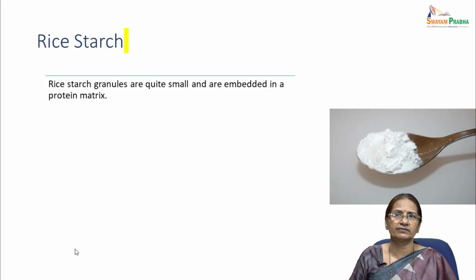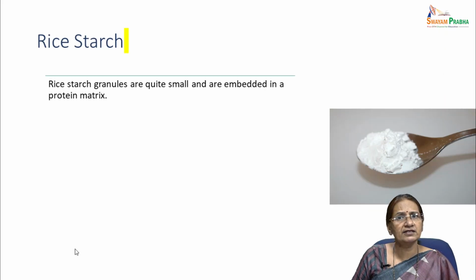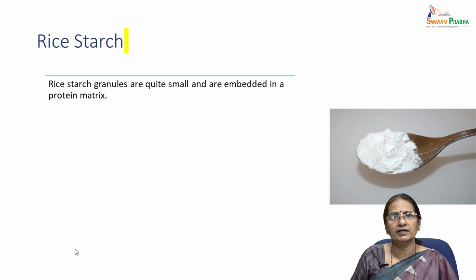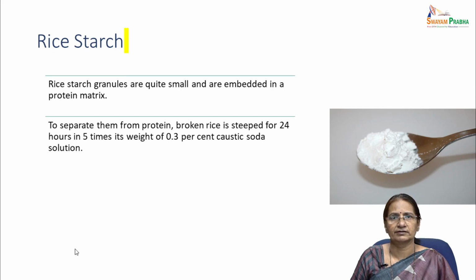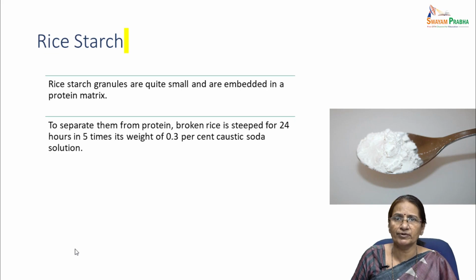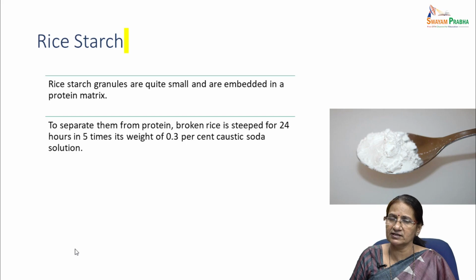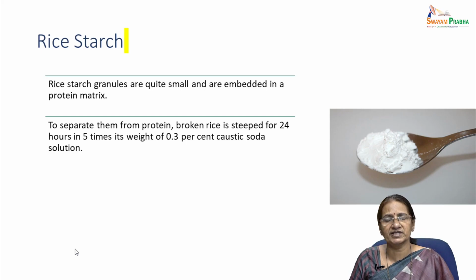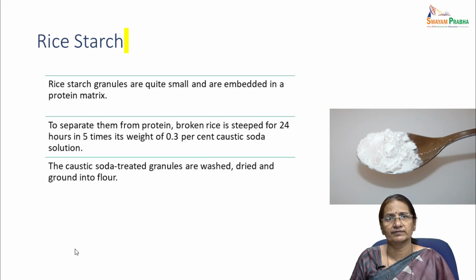Now, rice starch. Rice starch granules are quite small and are embedded in a protein matrix. To separate them from protein, broken rice is steeped for 24 hours in 5 times its weight of 0.3% caustic soda solution.